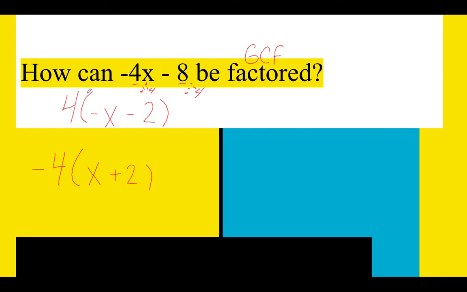Now, let's go back and check just to make sure, right? We apply the distributive property because that's the inverse operation. 4 times negative x does indeed give me negative 4x. 4 times negative 2 does indeed give me negative 8. Okay, so this one checks out.